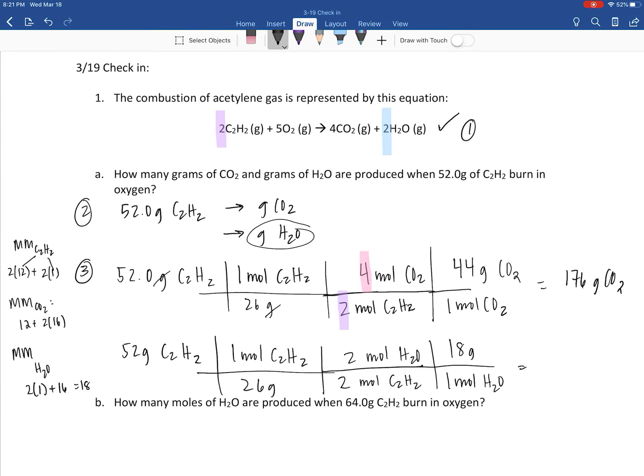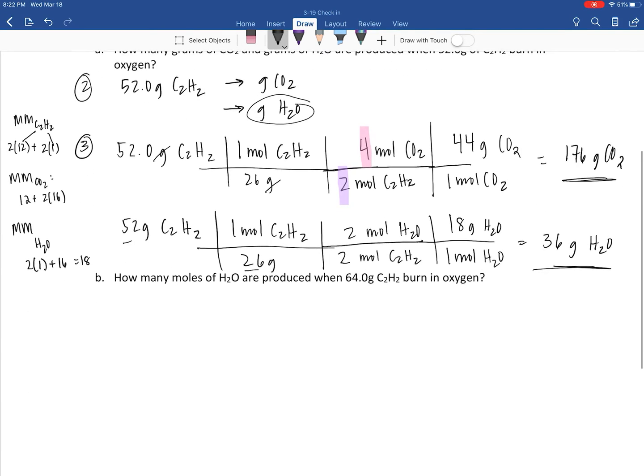I say 52 divided by 26 times 2 divided by 2. You can leave that step out if you want. Times 18. And what you get is 36 grams of H2O. I'll move my units here. Okay? So those are the 2 stoichiometry problems.